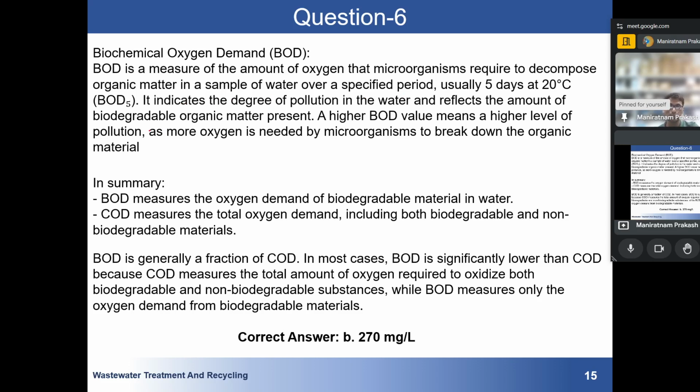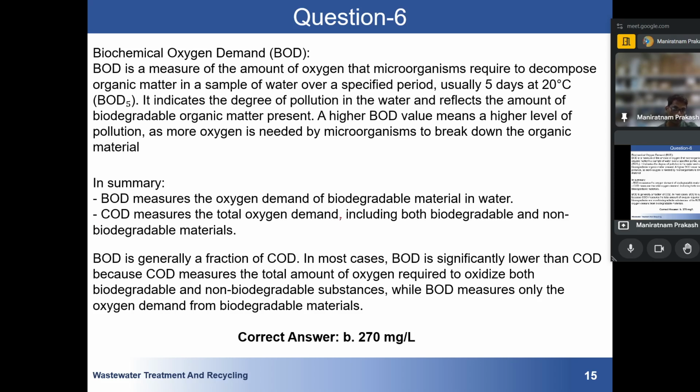Remember this, that's why it is written BOD 5. It indicates the degree of pollution in the water and reflects the amount of biodegradable organic matter present. A higher BOD value means a higher level of pollution, as more oxygen is needed by microorganisms to break down the organic material.